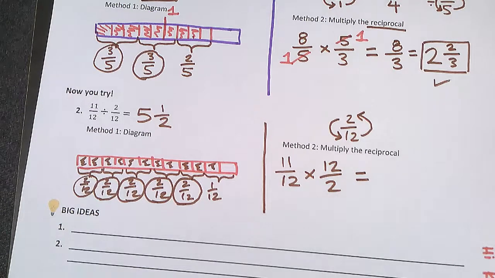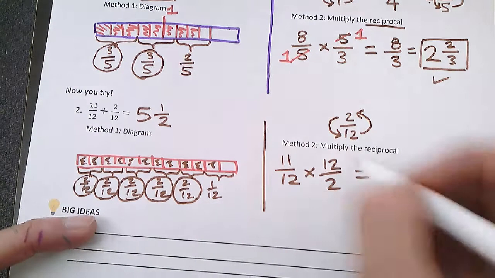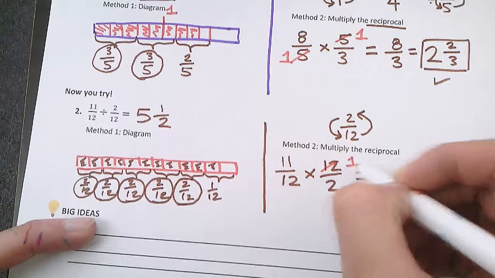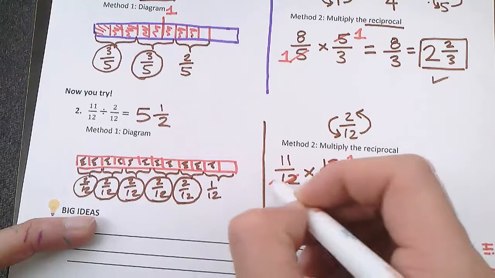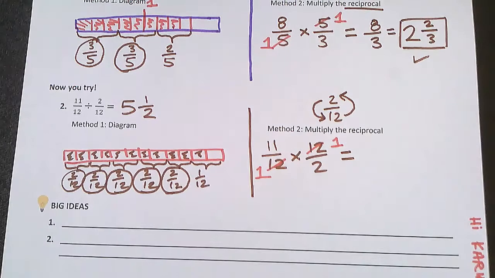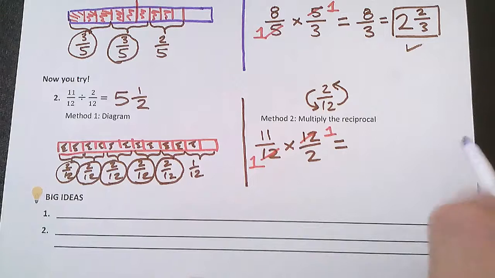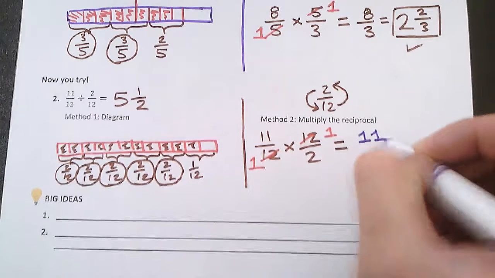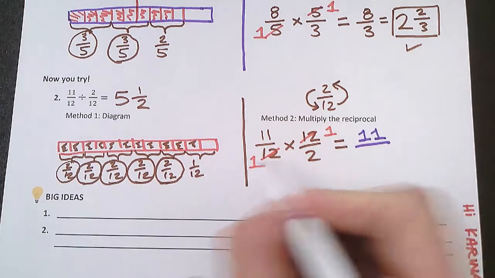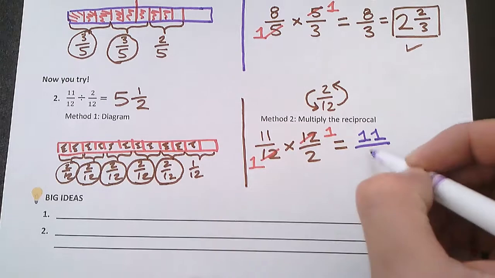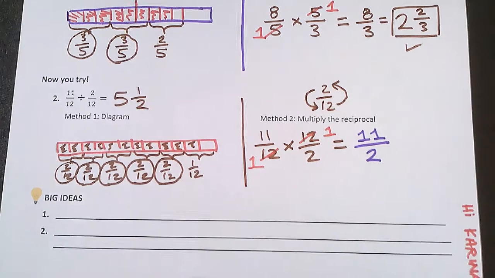In this case, I can, because I have a 12 here and a 12 here. Those will cancel out, and I'm just left with 1. And then I multiply across. 11 times 1 is 11. 1 times 2 is 2. So now I have 11/2.